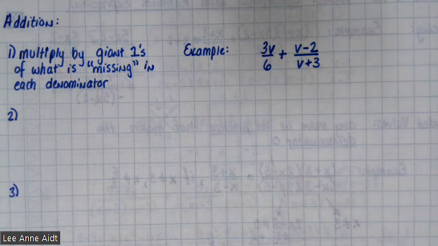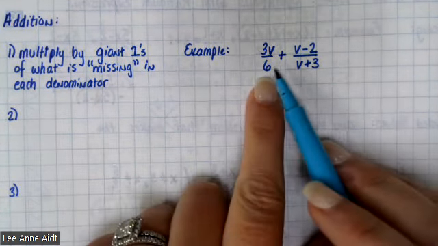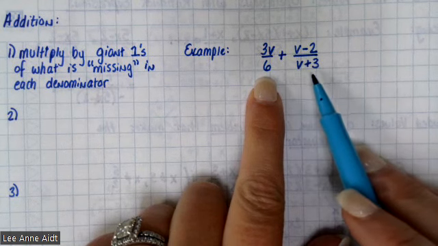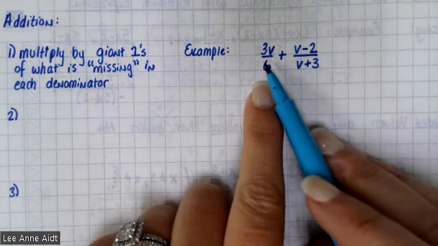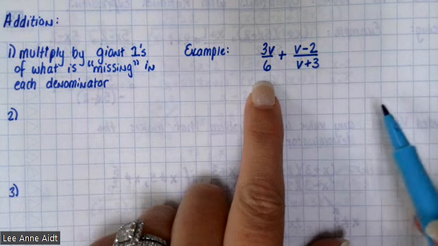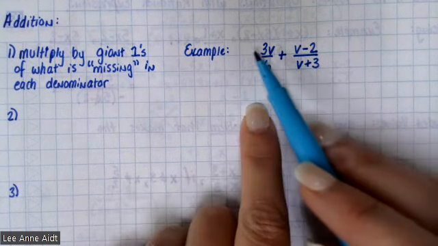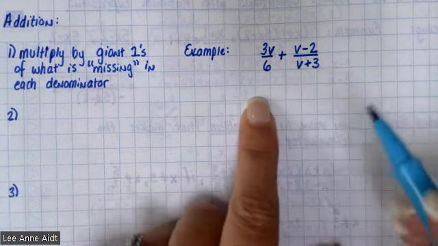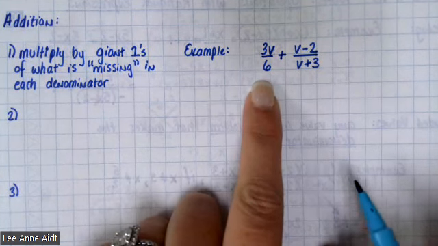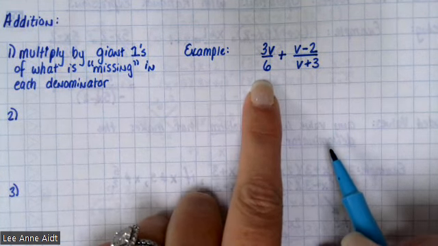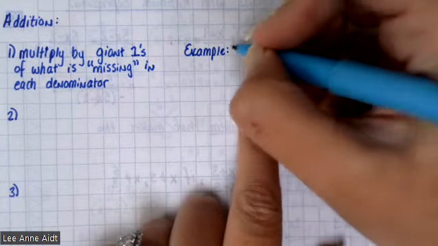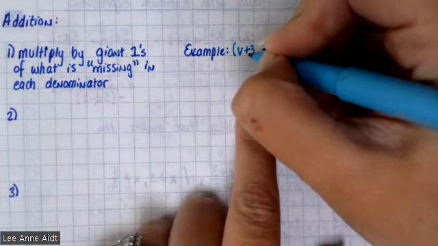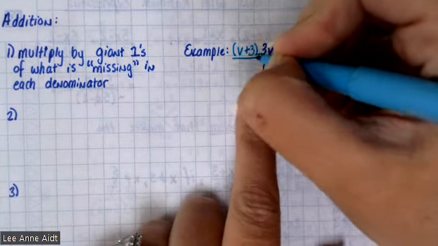Okay. This side has a 6. This side has a v plus 3. 6 is a number. V plus 3 is a number. What does this side need? It needs v plus 3. Did you overthink that?